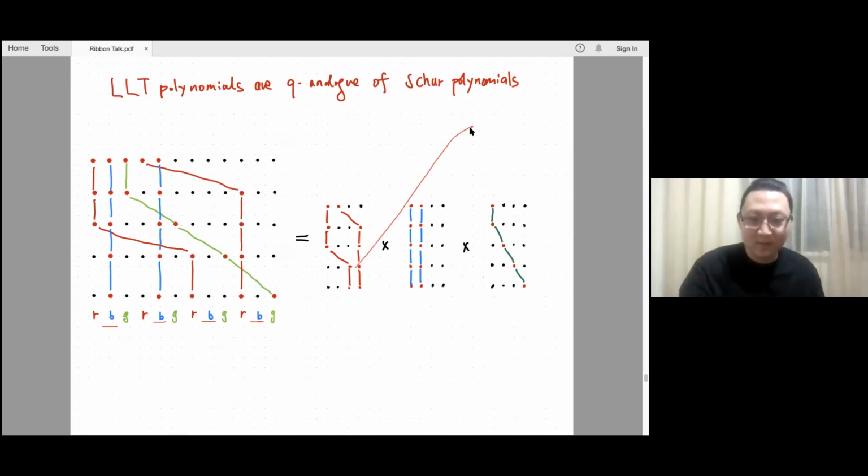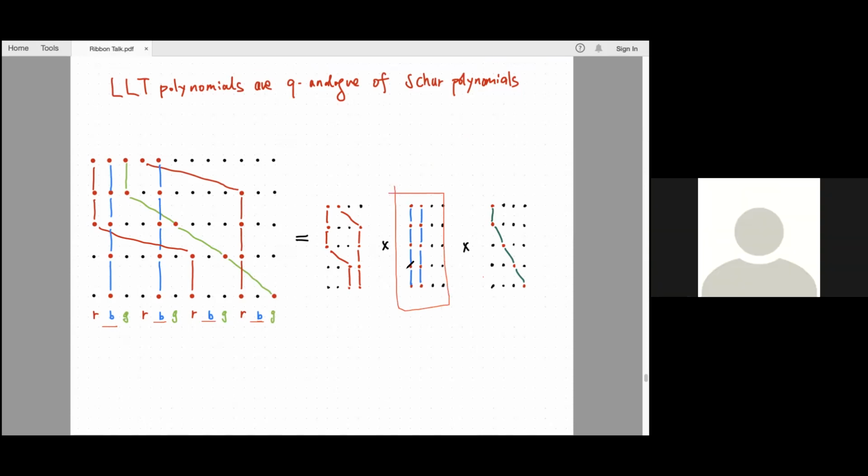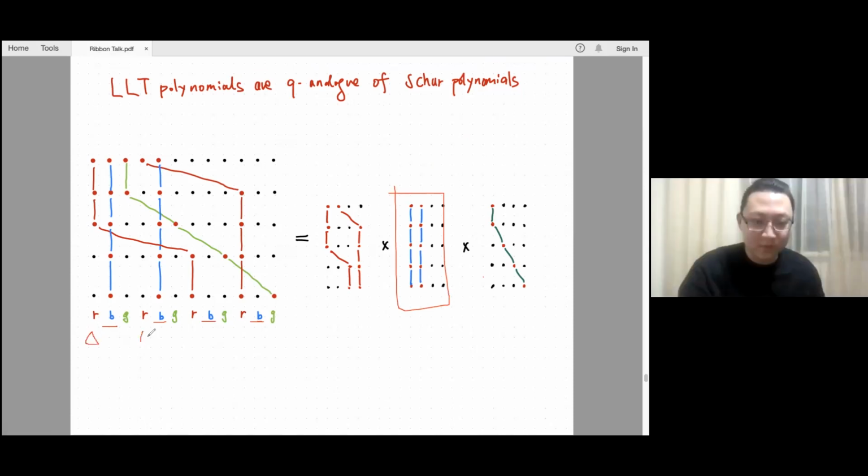So that gives us this. I see. And if we restrict to the red columns, so the columns are indexed by these colors, the red column is this. Thank you.